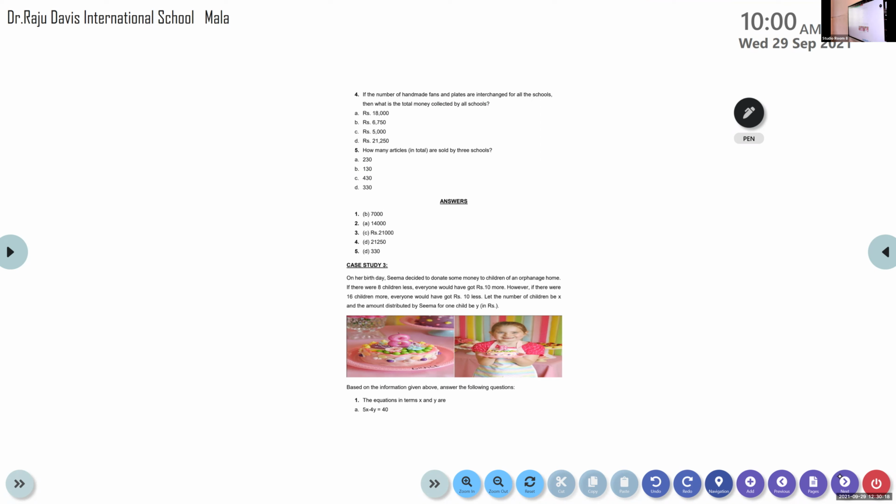The number of handmade fans and plates are interchanged for all schools. Then what is the total money collected by all the schools? So that means you have to interchange the number of handmade fans and plates.